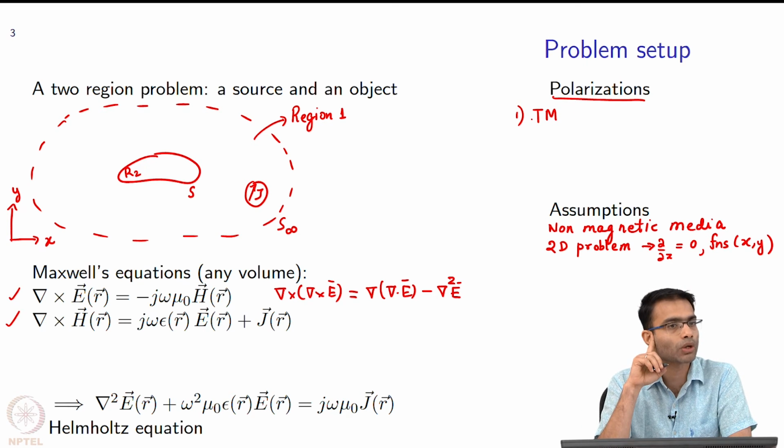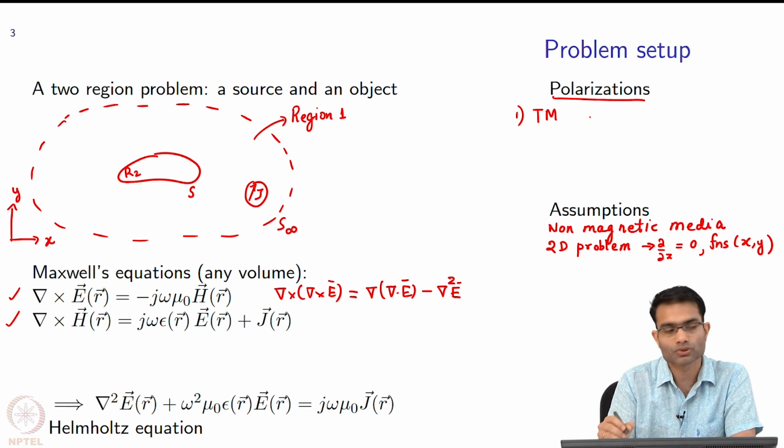Transverse magnetic. So, how do I characterize the fields in the case of transverse magnetic? Hz is 0. So, then Ez is non-zero, right. So, we can say that this is characterized by Ez and what else? Hx, Hy.